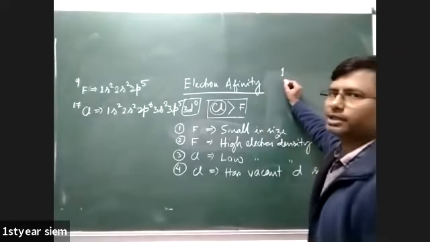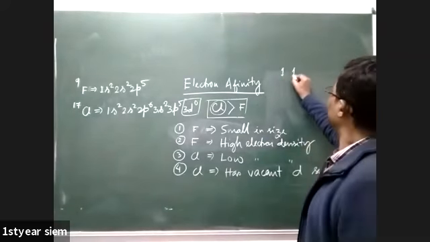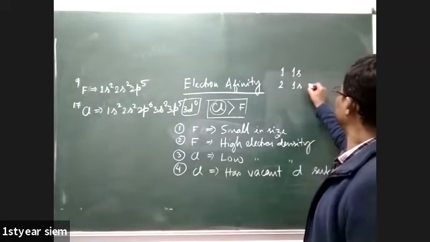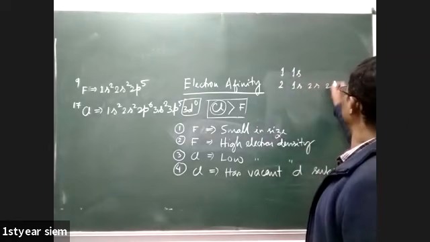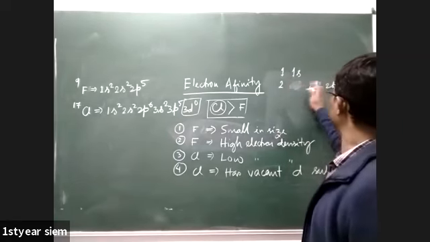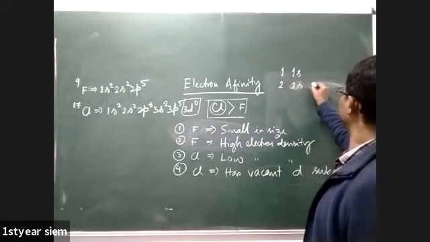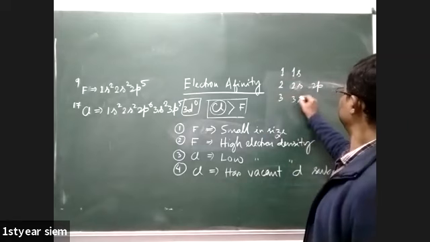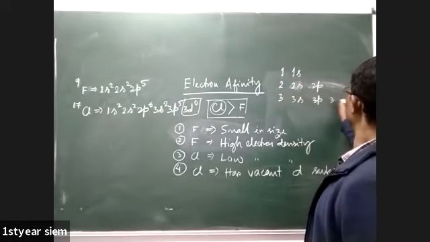For the first orbit, only 1s. For orbit 2, only 2s and 2p. For 3, 3s, 3p, 3d.